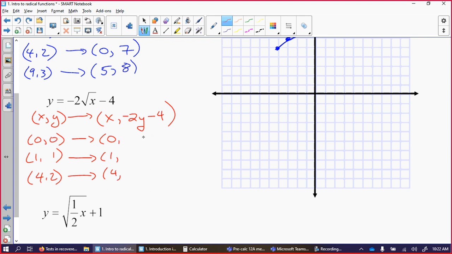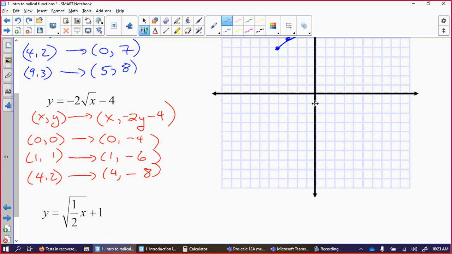Negative 2 times 0 is 0. 0 minus 4 is negative 4. Negative 2 times 1 is negative 2. Negative 2 minus 4 is negative 6. Negative 2 times 2 is negative 4. This is negative 8.